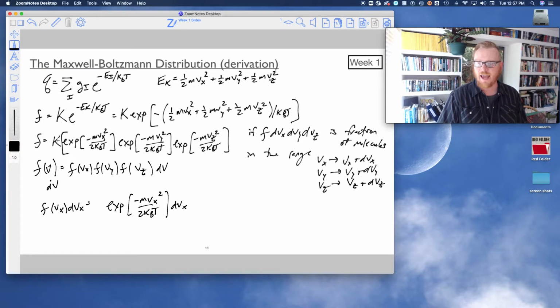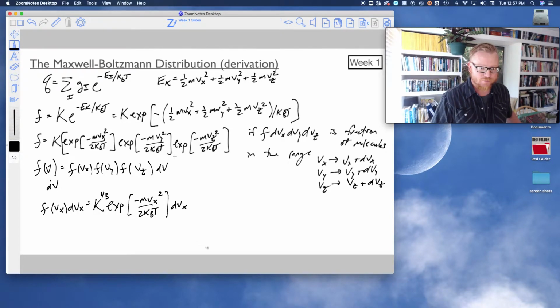And now what about this K term? Well, because it's degenerate, we know it's going to apply evenly throughout each of those dimensions. So I'm going to write K to the 1/3 power. And when it gets recombined into all of these individual functions, I'll get back to the original function that I had.